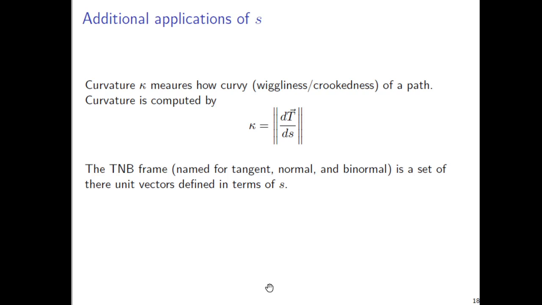And then finally, one other thing that you can do is there's this thing called the TNB frame. It's named this way for tangent, normal, and binormal. The point is, based on the arc length function, you can create 3 unit vectors. One is the tangent, so imagine you're moving along a curve, or a bug is moving along a curve in 3-dimensional space.